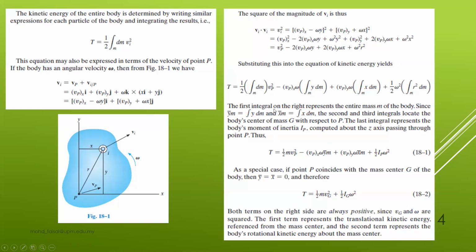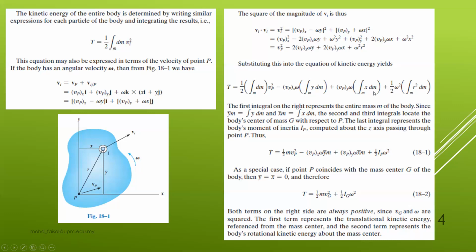The first integral on the right represents the entire mass of the body, since y bar m is equal to the integration of y dm, and x bar m is equal to the integration of x dm.